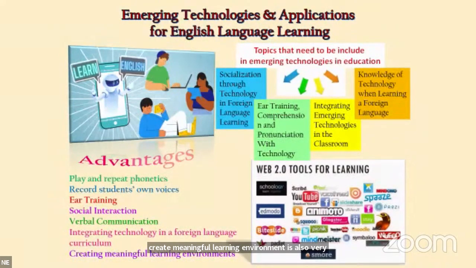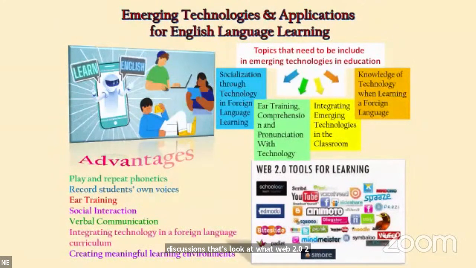Emerging technologies and applications for English language learning helps to acquire knowledge and fluency using Web 2.0 tools in a collaborative learning environment, promoting learning autonomy and socialization through blogs, wikis, and online discussions. Let's look at what Web 2.0 tools are.